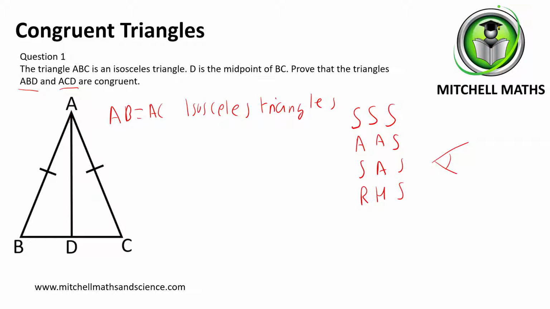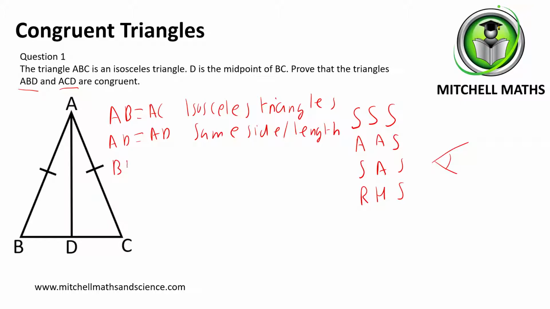We've also got AD, which is in both triangles. So AD is equal to AD, because it's the same side or length. And the last side we're going to get, we're going to do side, side, side here, is we know that D is the midpoint of BC. And if D is the midpoint, that means BD must be the same as DC, because D's exactly in the middle.